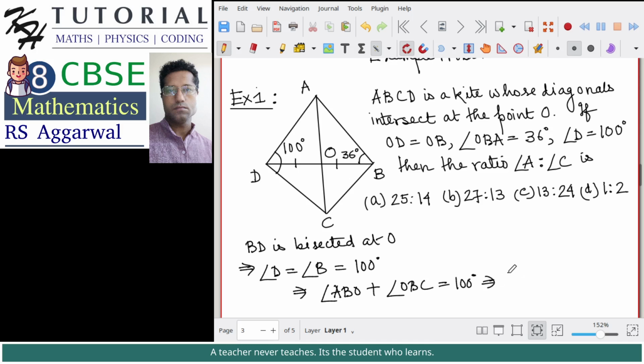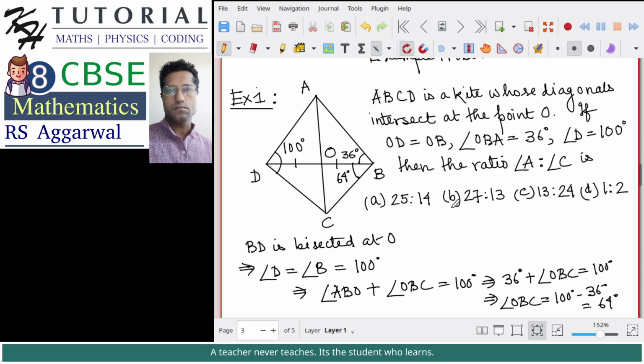Angle ABO in the figure is given to be 36 degrees. So 36 degrees plus angle OBC is equal to 100 degrees. So angle OBC is equal to 100 minus 36, which is 64 degrees. So this is 64 degrees, and this is 64 degrees. Now how do we find angle A and angle C?